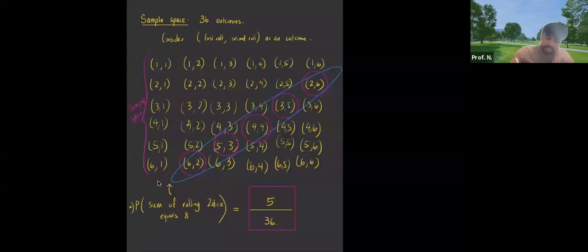And then how about part B? Part B: what's the probability that the sum of 2 dice is prime?